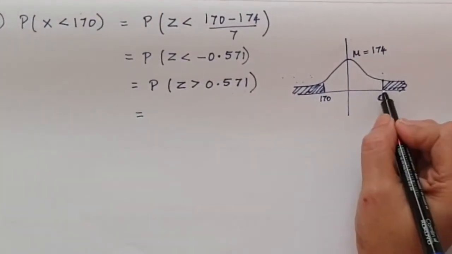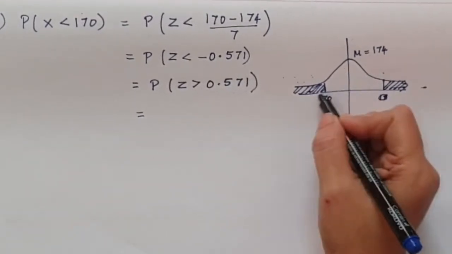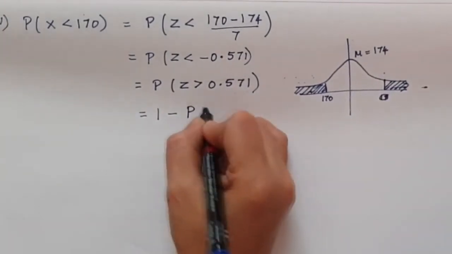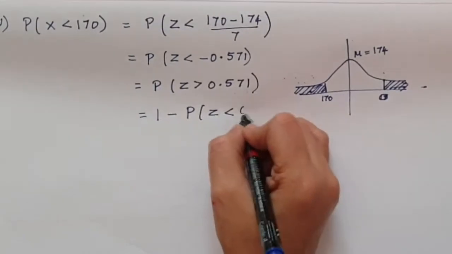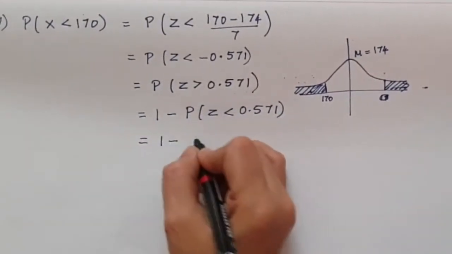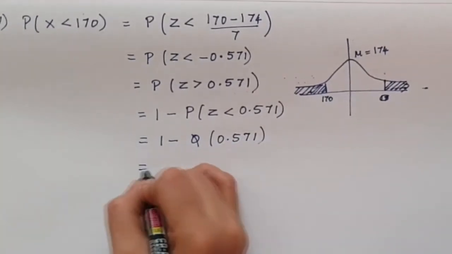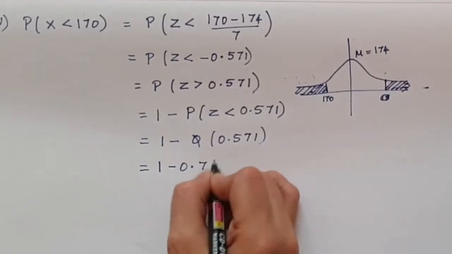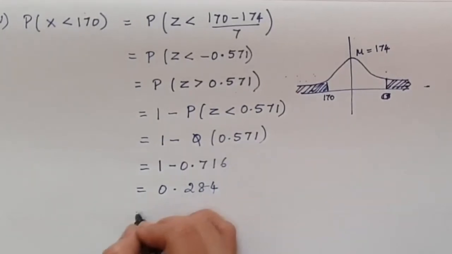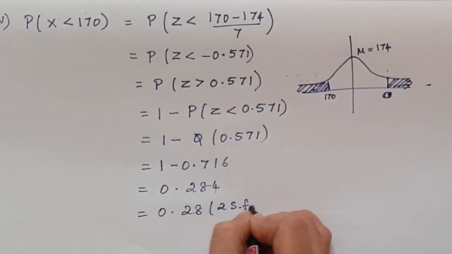To find these greater values, we find 1 minus the lesser values: 1 minus the probability of z less than 0.571, which is 1 minus phi of 0.571, equal to 1 minus 0.716, which is 0.284. That is 0.28, correct to two significant figures.